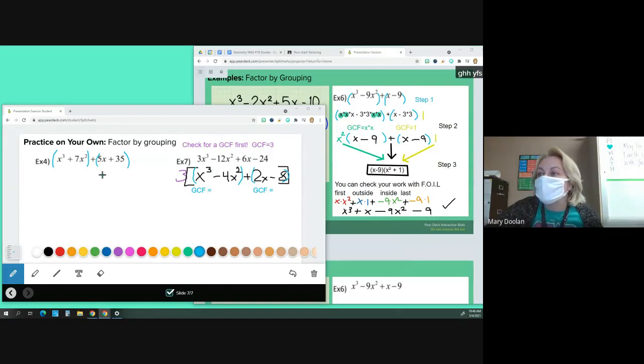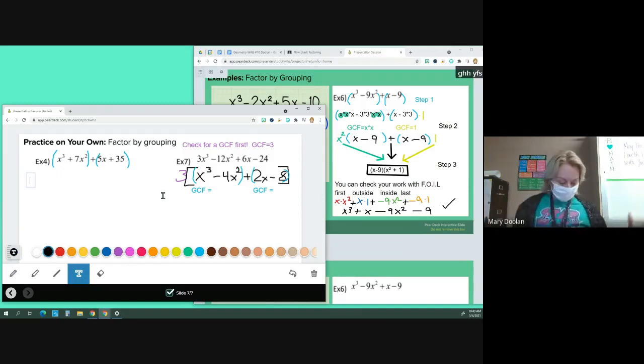Example 4, yes. So I will do some more in example 4. Let me at least write out these factors so you can see how you can find the GCF. So I'm just going to expand it as much as I can. X cubed is just x times x times x.